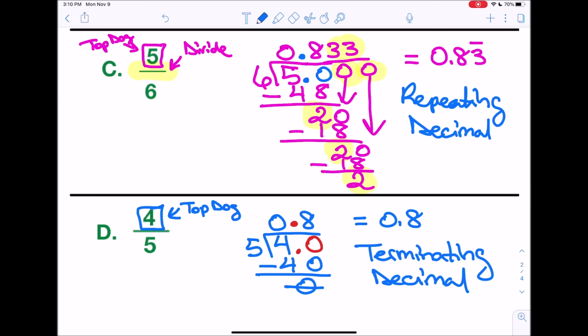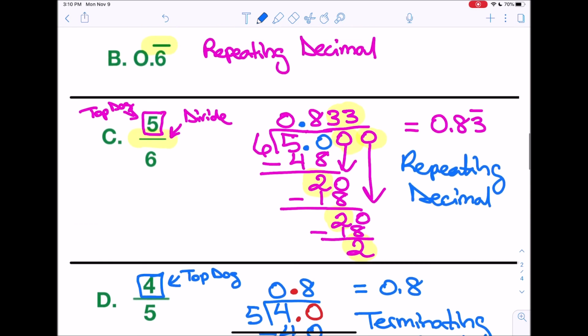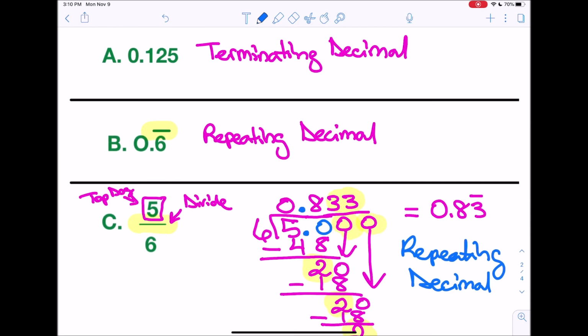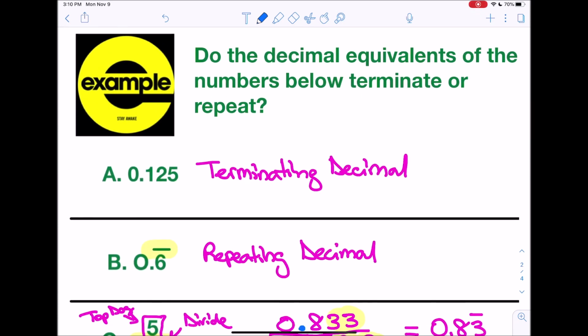Repeating decimals, the remainder keeps going forever and repeating itself. Okay? And we use the infinity bar over the decimal that repeats as a way of showing that it's a repeating decimal.